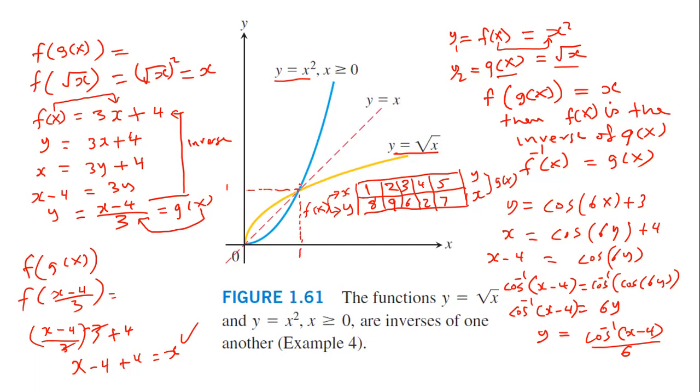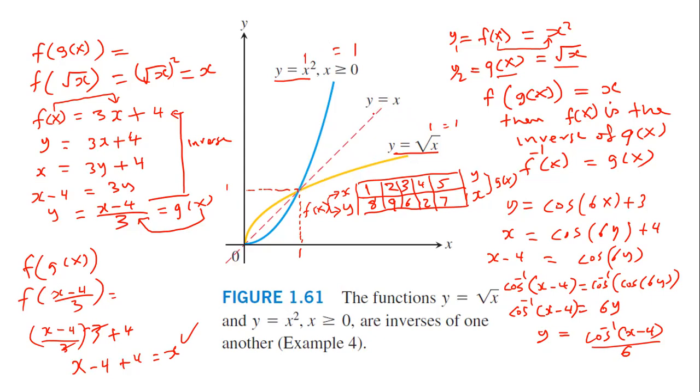So 1 is the only one that is common between both of them, right? Because y equal to 1 squared equals 1, and y equal to the square root of 1 equals 1, right? So that's why they cross, okay?